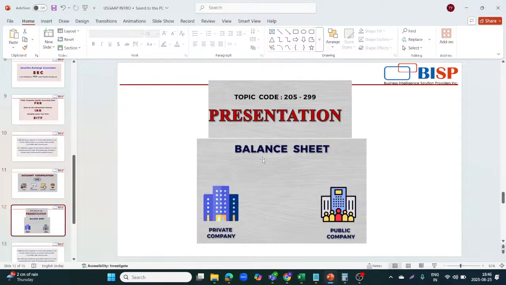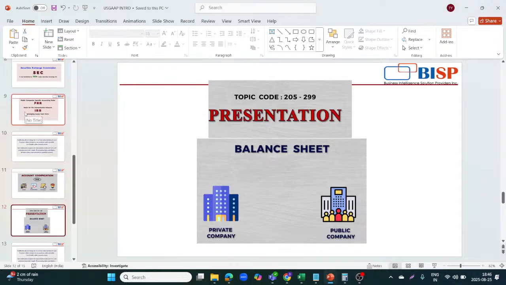Presentation of the balance sheet can be on a liquidation basis, in ascending order, or descending order. I'm just telling you what topic code you need to refer to: how the balance sheet will be presented, what needs to be taken care of for public companies, and for private companies.